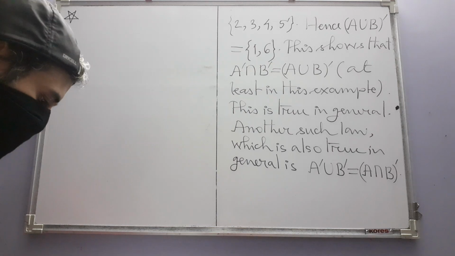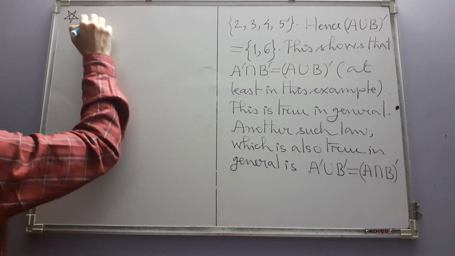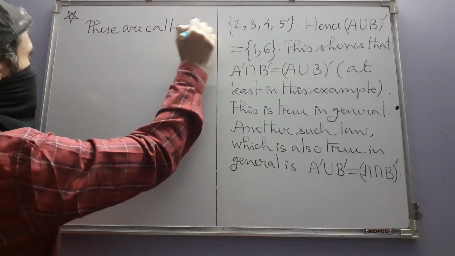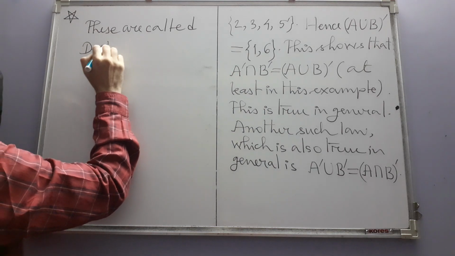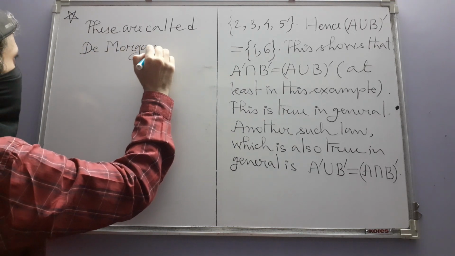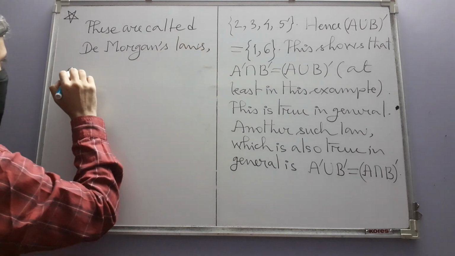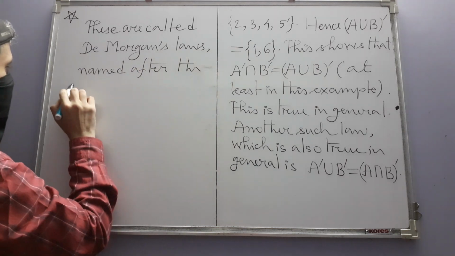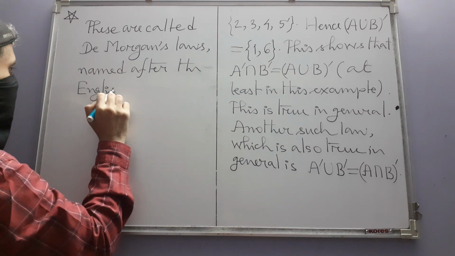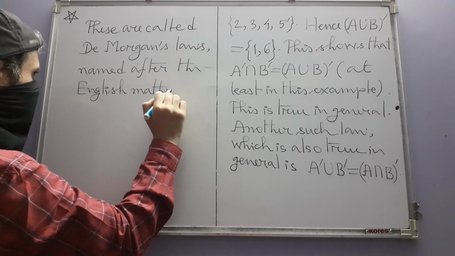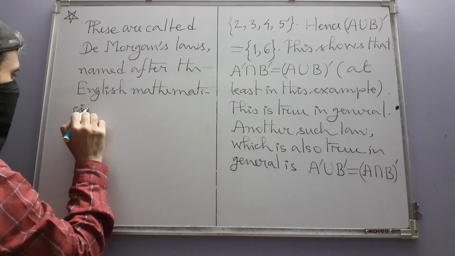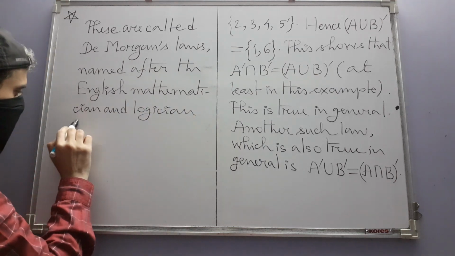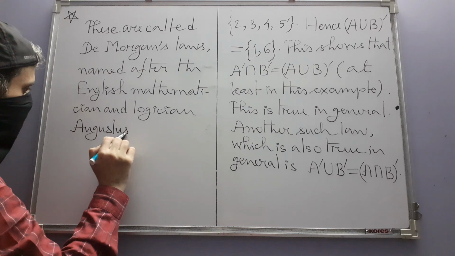So, these are called De Morgan's laws, named after the English mathematician and logician Augustus De Morgan.